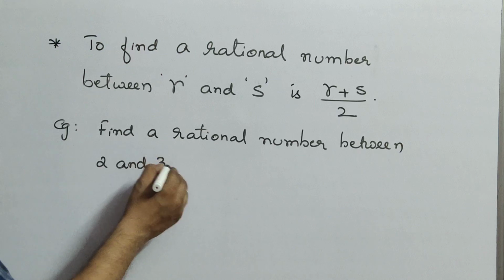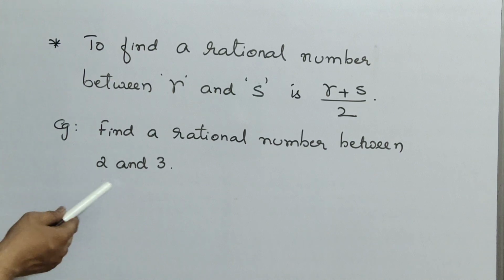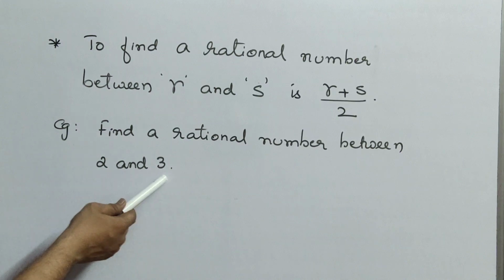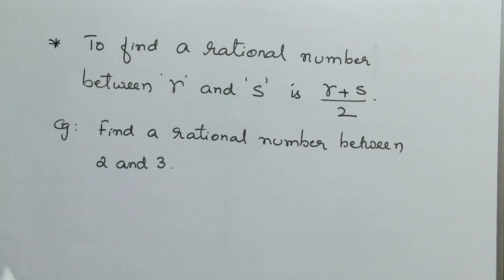Actually, as we know from the lower and previous classes, 2 and then immediately 3. But it is asking for a rational number in between 2 and 3.